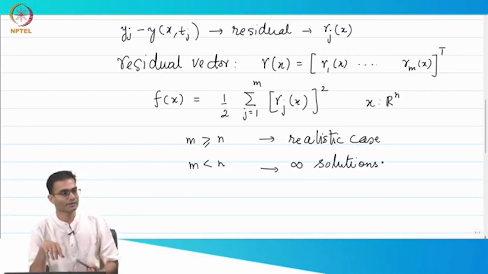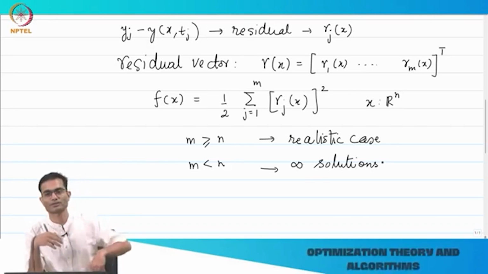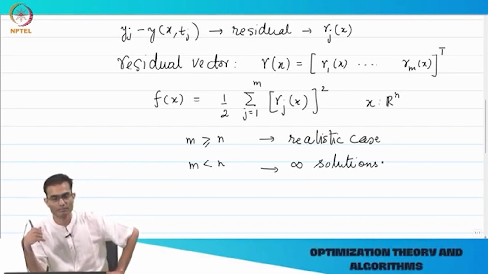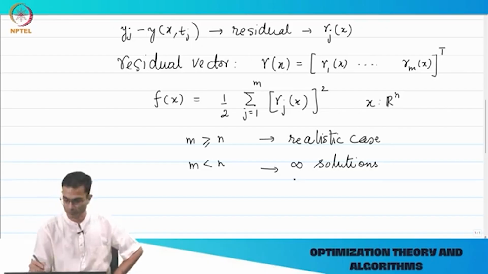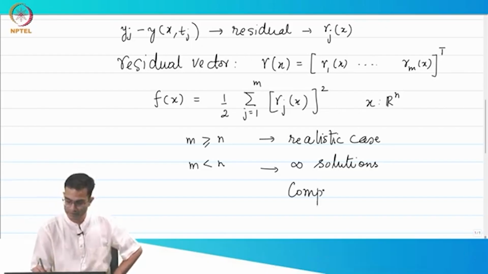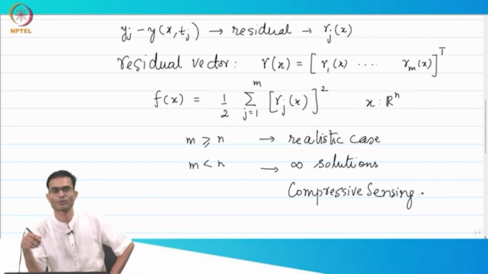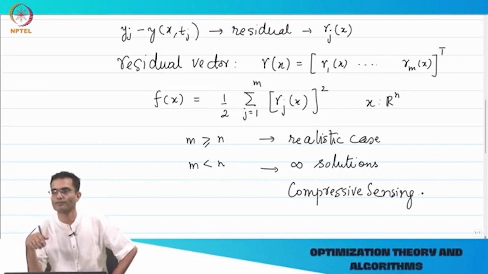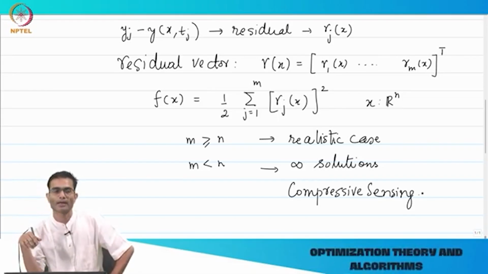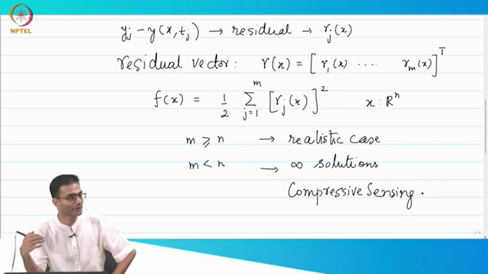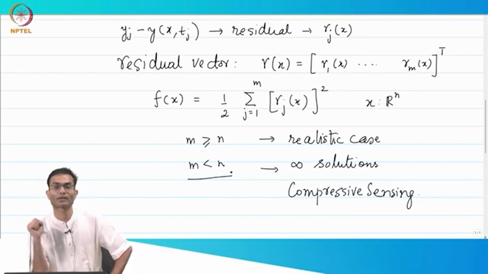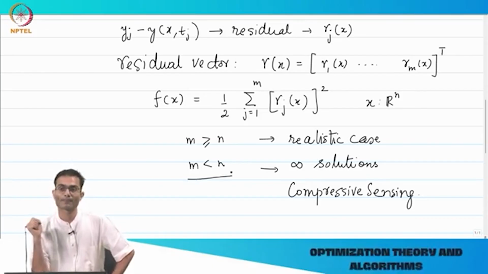There is another very interesting area of research now. It's about, I would say, 10 to 15 years old, which is called compressive sensing. It is a very beautiful subfield of signal processing, where there are theoretical guarantees that, in spite of m being less than n, you can arrive at a unique solution.